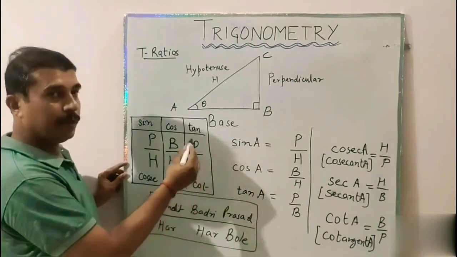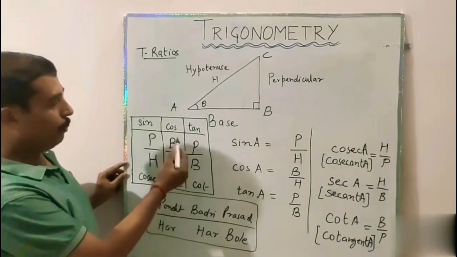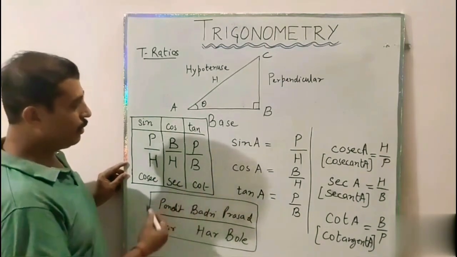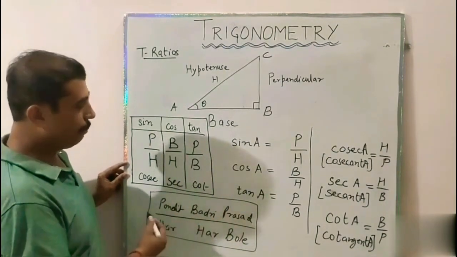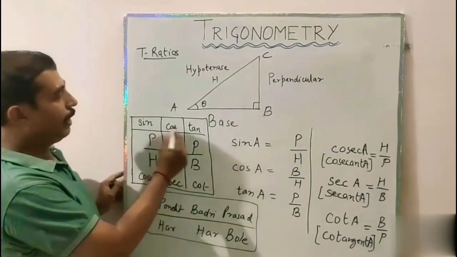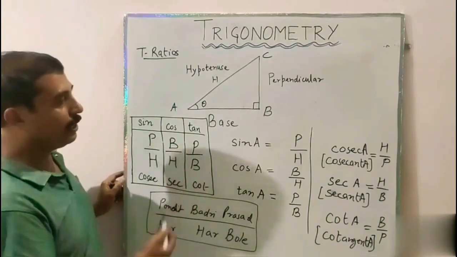Cot theta, base upon perpendicular. H upon P, H upon B, and B upon P. So it is very easy to learn using this trick. Direct functions and their reciprocal functions. These all are trigonometric ratios.